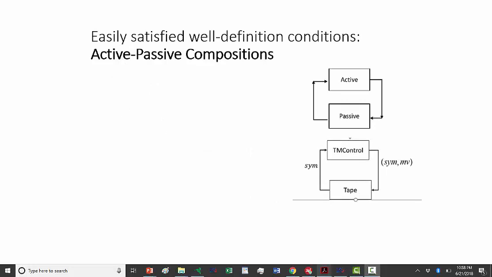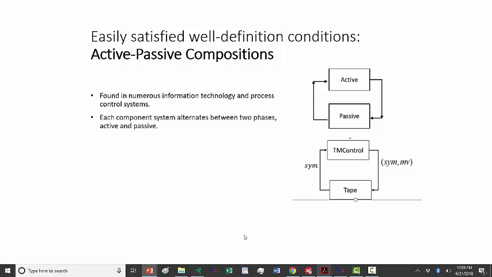As an existence proof for the ability to actually satisfy these conditions that we just saw, I'll talk about a class of compositions we'll call active-passive. In this kind of composition, which is found in numerous information technology and process control systems, each component system alternates between two phases, active and passive.